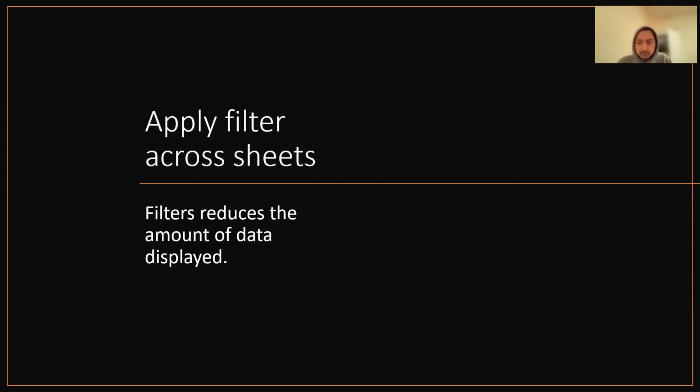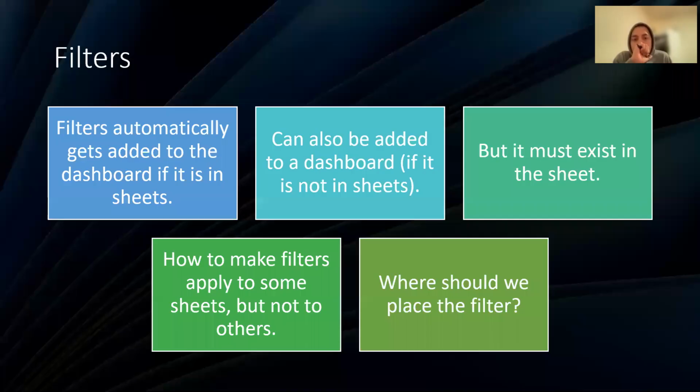Tableau dashboard components. So, applying filters across sheets. Why do we apply filters? So that we can reduce the amount of data we are trying to display. How can we achieve filters in Tableau? Filters automatically get added to the dashboard if they are in the sheet.